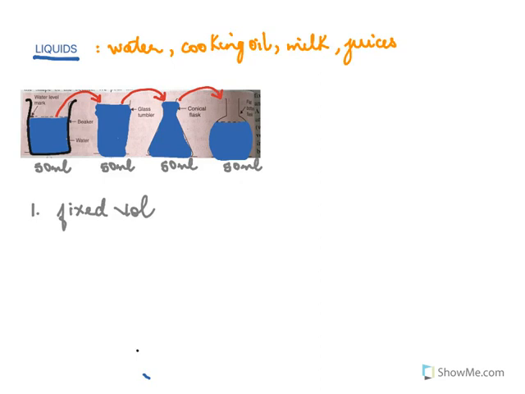What about the shape? If you notice here, this was the one shape of a beaker, then it took the shape of a tumbler in this case here. Here it took the shape of a conical flask, and here it took the shape of this round bottom flask. So do liquids have a fixed shape?